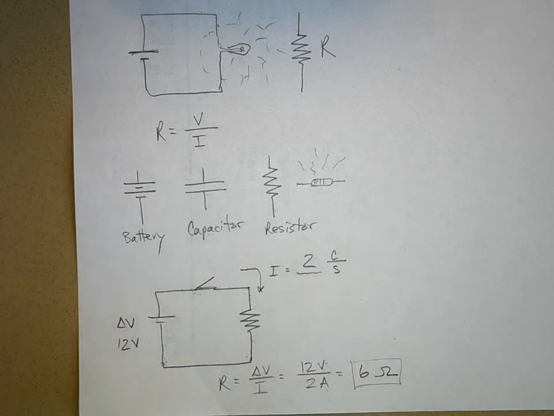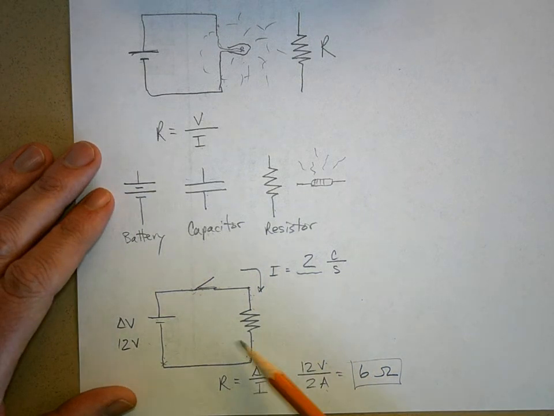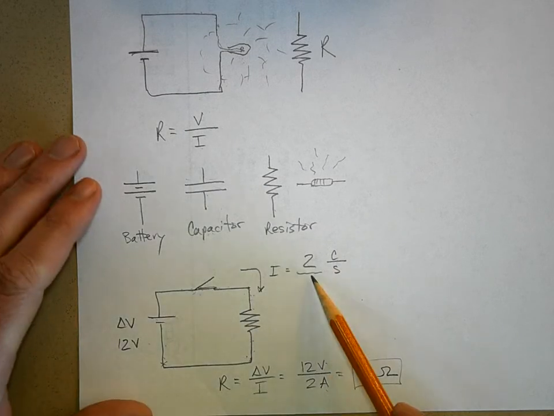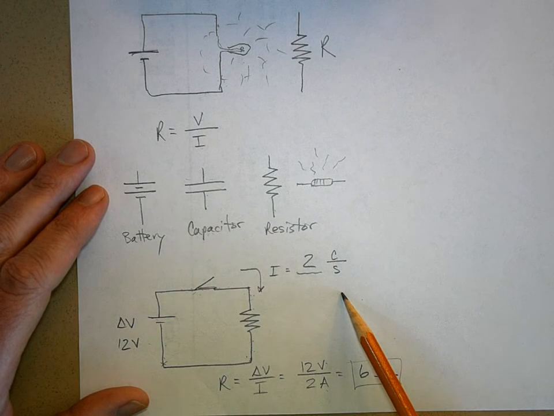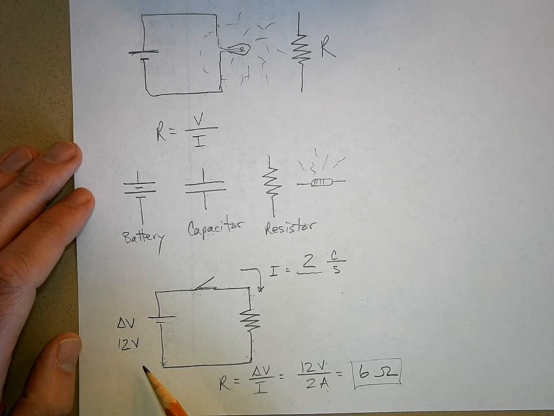So it's telling you every coulomb of charge that moves through here is going to deliver 12 joules of energy. It's going to give up 12 joules of energy. Well, what happens if I multiply how many charges are moving by per second by how much energy each one of those charges delivers? I'm going to get power.